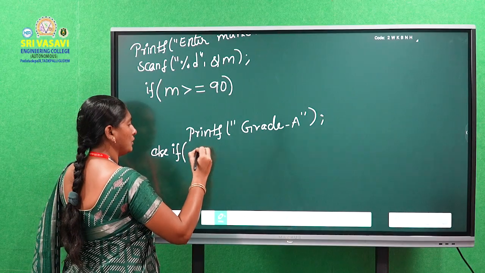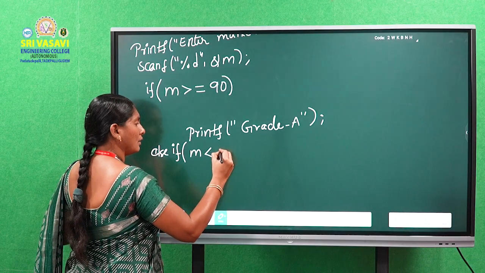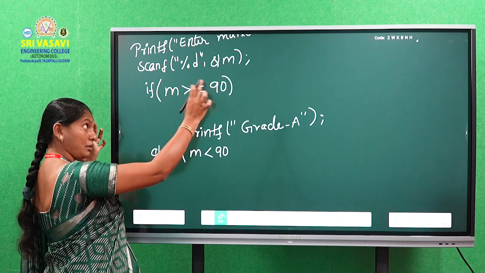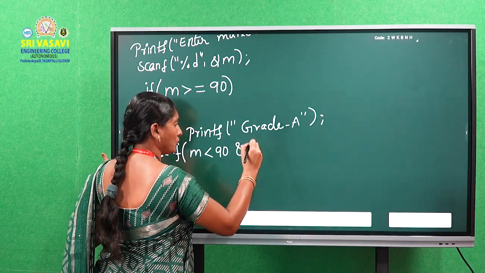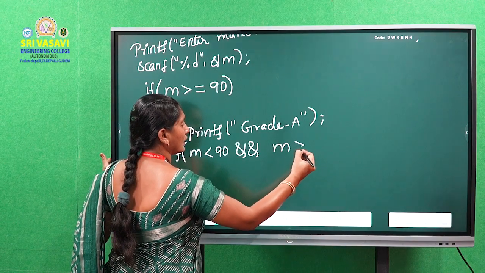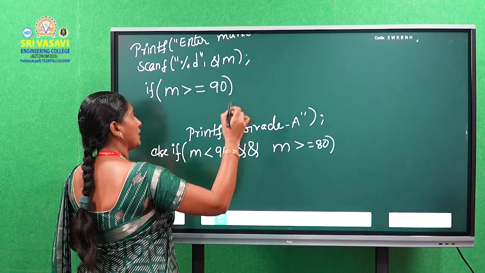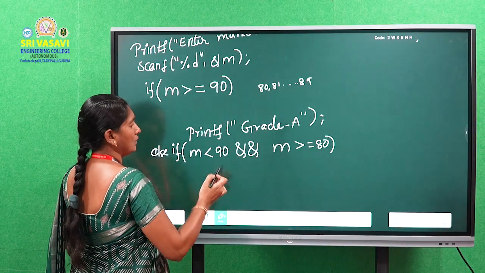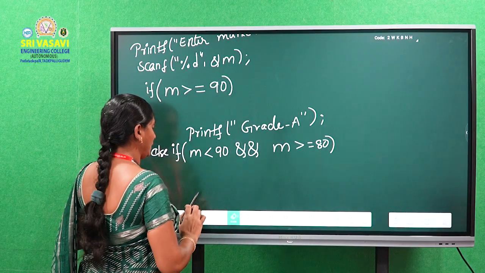So else if marks are less than 90, because we have already used 90 above, and you have to use logical AND, marks should be greater than or equal to 80. That means the marks are from 80, 81 and so on up to 89.